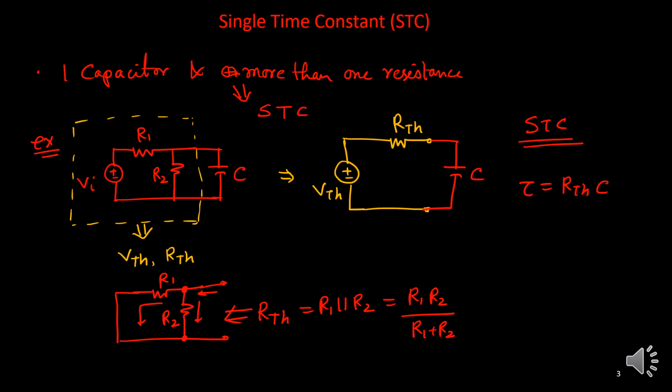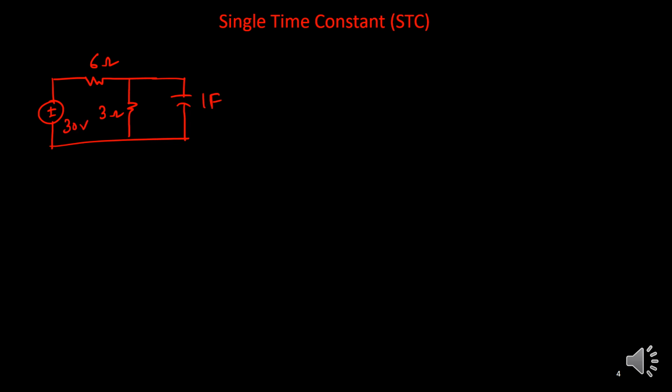Right? So if this is given, this is your capacitor, this one is 6 ohm, this is your 3 ohm, this voltage is 30 volt, and this is your 1 farad capacitor. So what is the time constant?